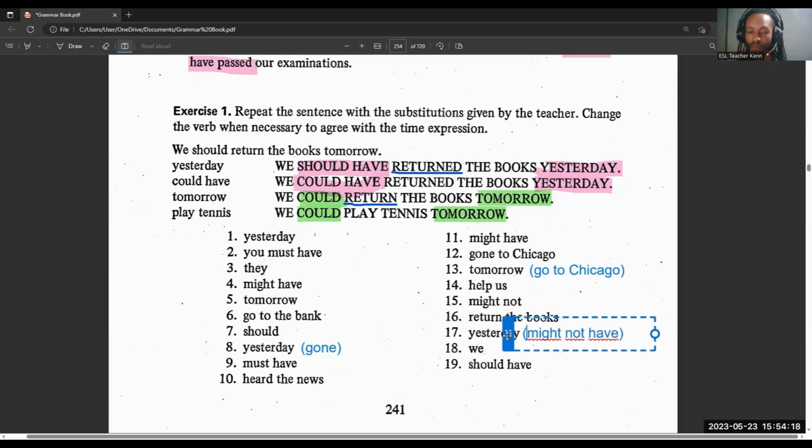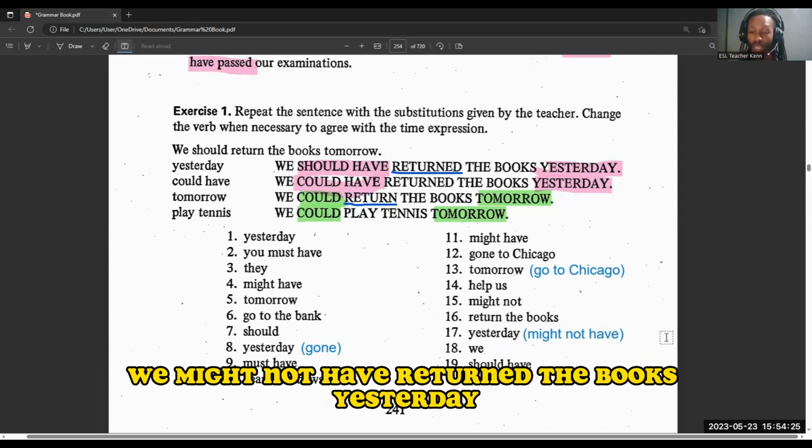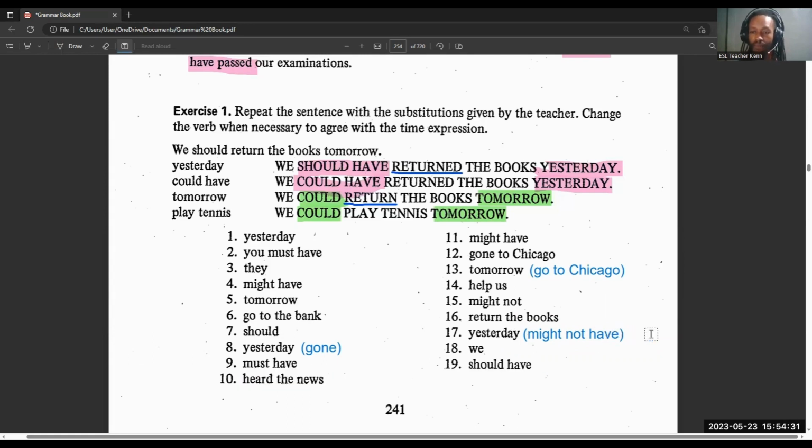We. We might not have returned the books yesterday. Should have.